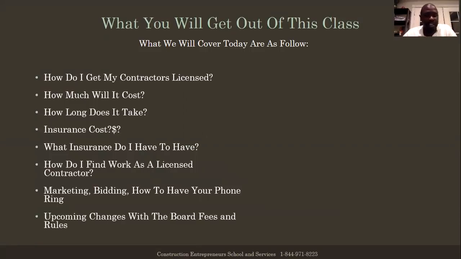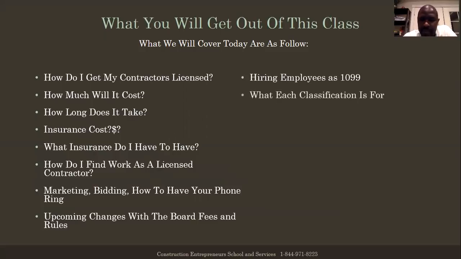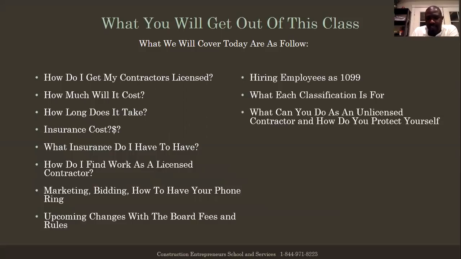There are some upcoming changes with the board fees and rules that you need to know about. We talk about hiring employees as 1099, and what each classification is for. There's an A, a B, and a C classification. We talk about what you can do with each classification, because there are different requirements for each license.